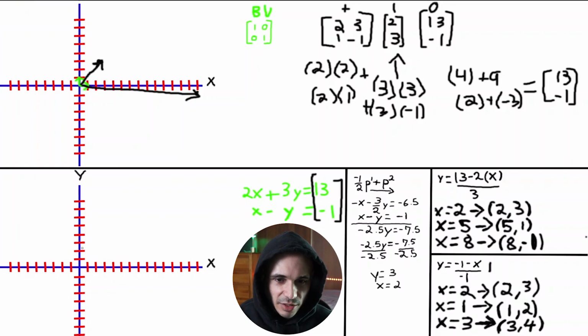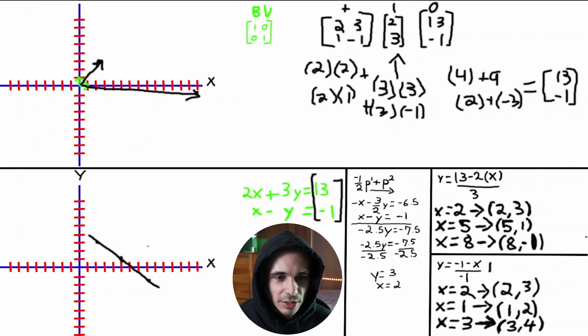Let's see those actually getting plotted, starting with the first one. We got a point there, and then 1, 2, 3, 4, 5. So that goes right here, (5, 1). And then 8 and negative 1. Okay, so that's one line that we have.